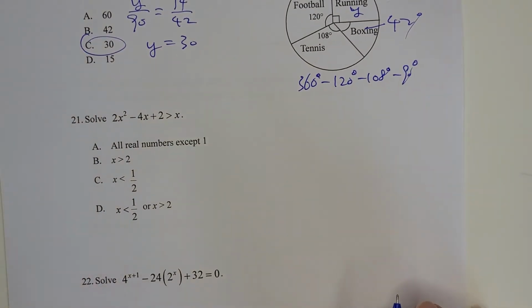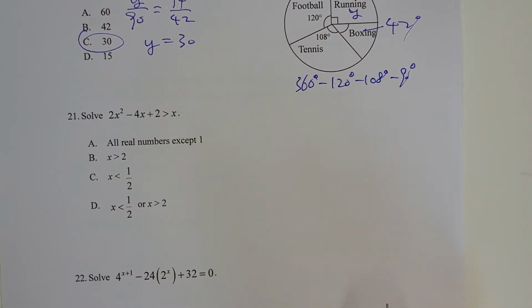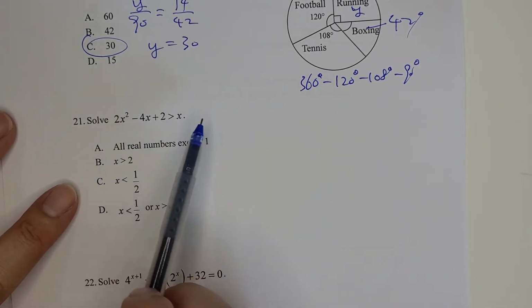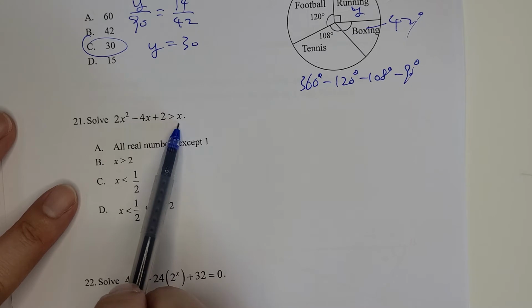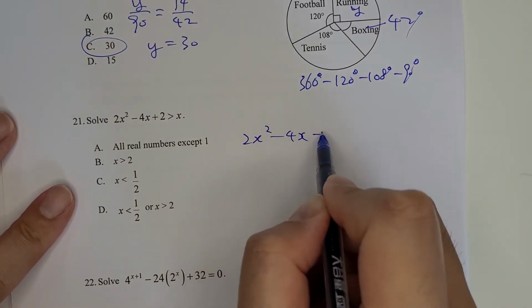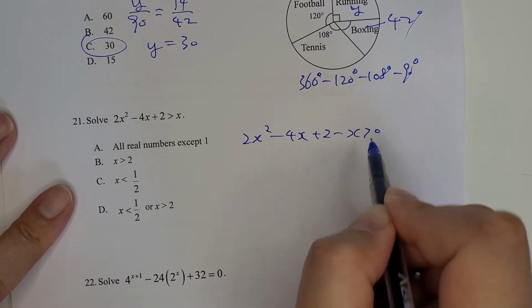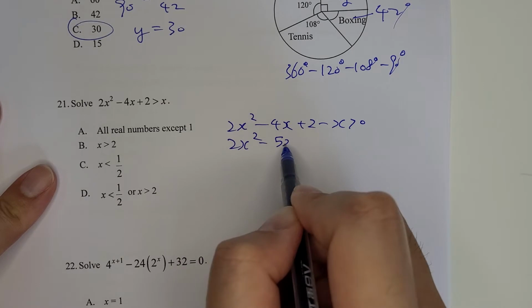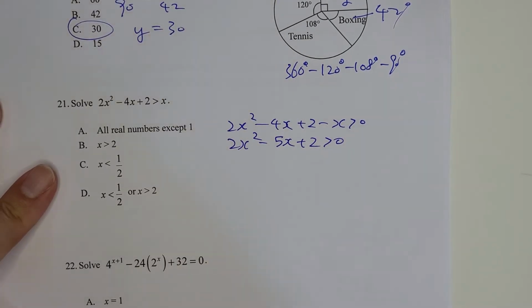And then go to question number 21. That's a quadratic inequality: 2x squared minus 4x plus 2 greater than x. You need to change it into standard form like this: 2x squared minus 5x plus 2 greater than 0.